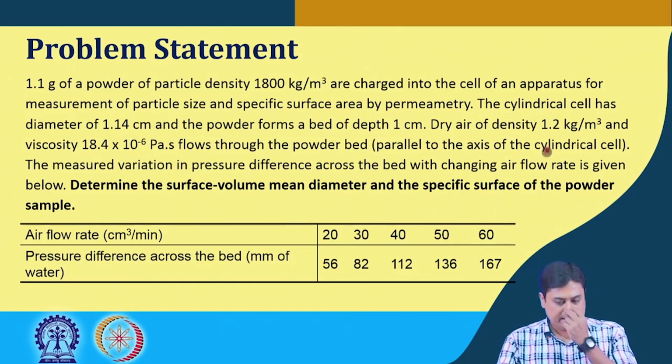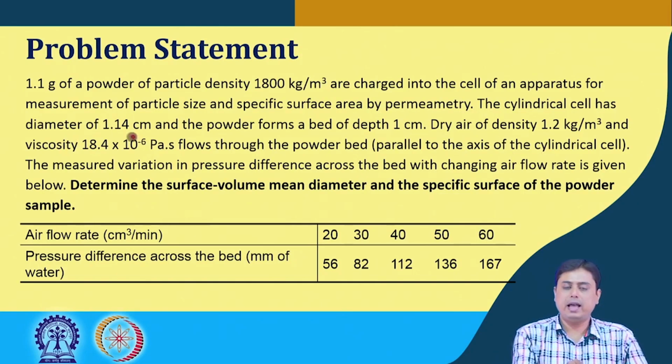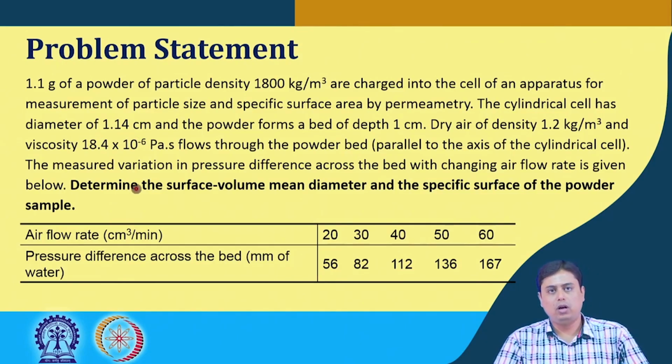Now the cylindrical cell has a diameter of 1.14 centimeter, and the powder forms a bed of depth 1 centimeter. Basically, you have a sample of powder and you charge it into a cylindrical cell of 1.14 centimeter diameter.